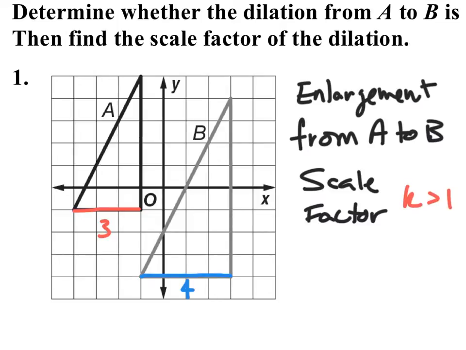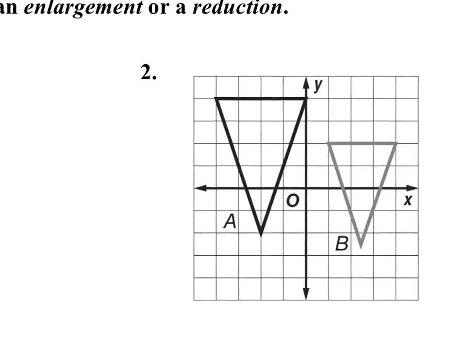If you did 3 divided by 4, that would be less than 1. But if we did 4 divided by 3, that would be greater than 1. So our scale factor is going to be 4/3, because that number is larger than 1. It's 1.3 repeating.